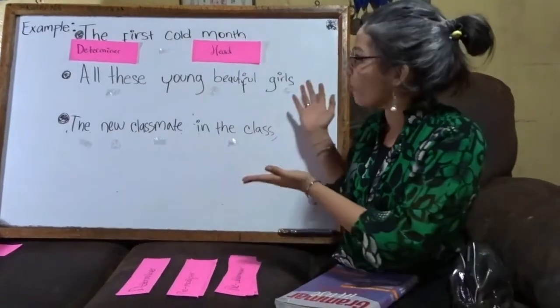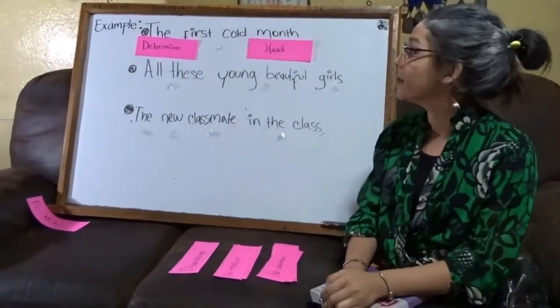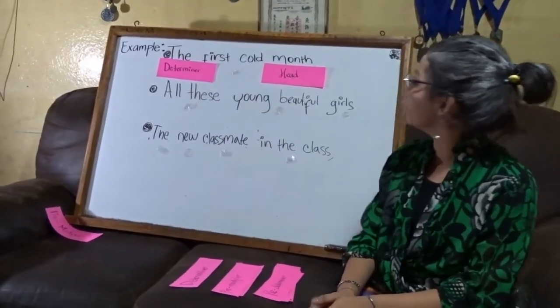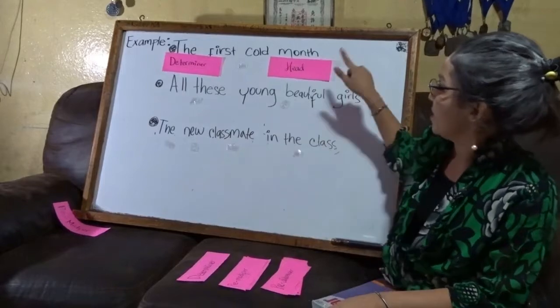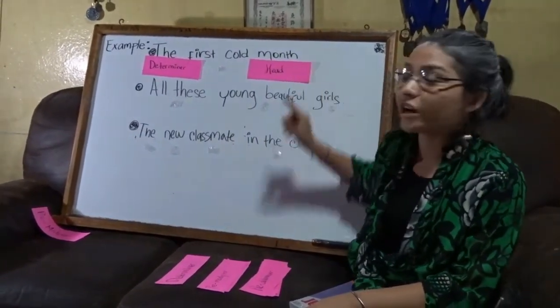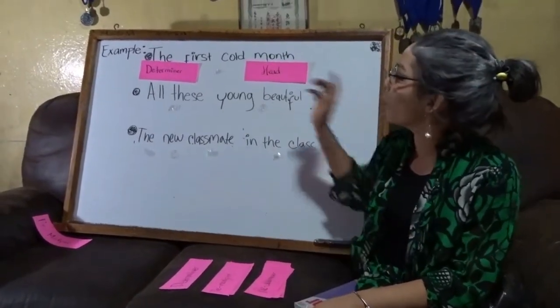So here we go. Listen carefully, the first one is the first cold month. We already know which is the head. The head is month. And then we are going to identify something really important. For example, determiner.